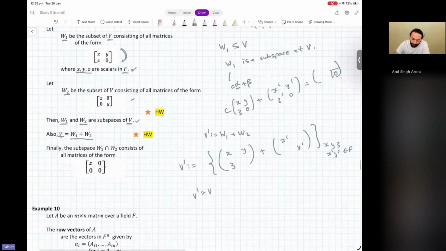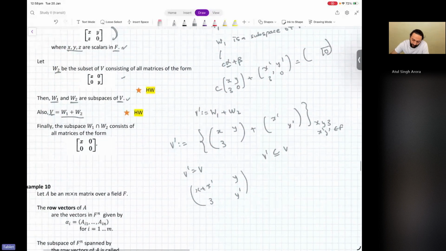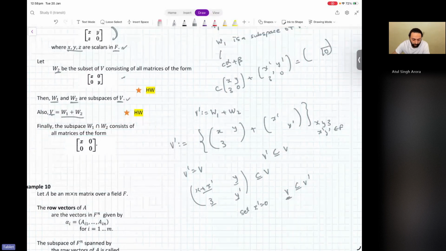Because the matrix that we're writing is just X plus X prime, Y, Z, and Y prime, right? So one can show both ways. V prime is a subset of V because these are just elements in F, so it is already in V. And to show V is in V prime, for any V that you're given, you can just set X prime equal to 0 and you'll get it.